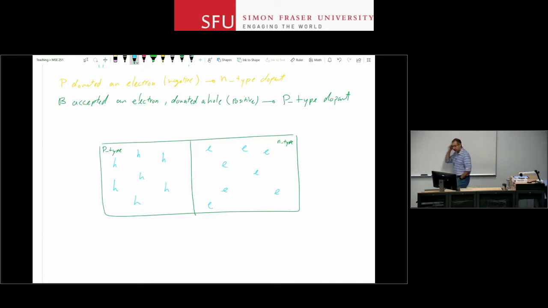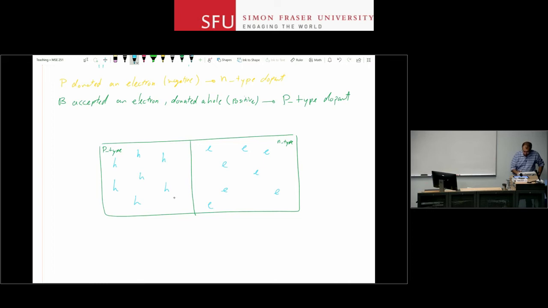And these holes, like electrons, randomly move around as long as you don't have an electric field applied to this thing. Now, so I have a high concentration of electrons on the right side, a high concentration of holes on the left side. And I keep in mind that for every electron that I have here, I have an ionized phosphorus atom, for example.